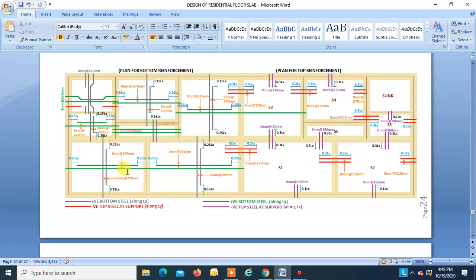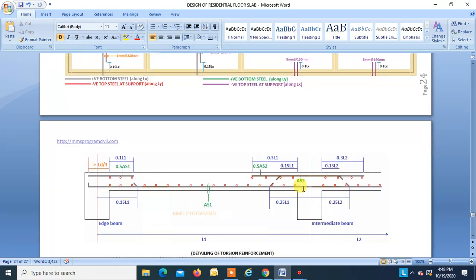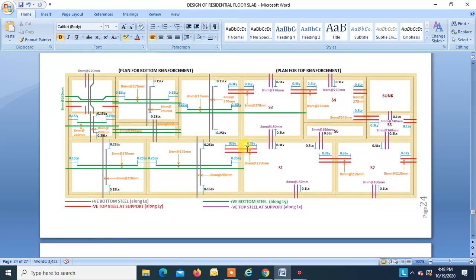So this is how you can do the steel detailing. This is for the bottom steel, right? For top steel, this is to be curtailed at 0.1 L. So this is the top steel, 0.1 Lx, and over here this is 0.1 Ly, because these are the supports which are not continuous.